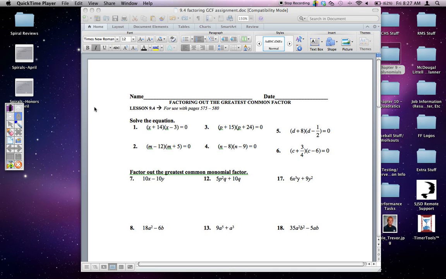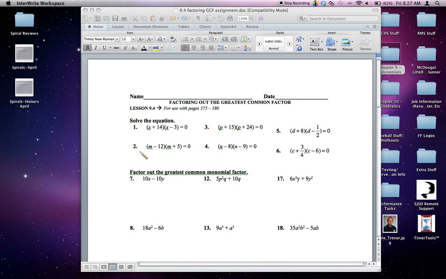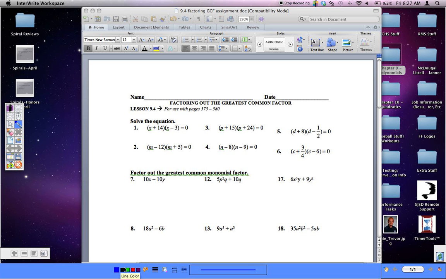Before we really jump into this sheet, what's important to know is what a factor is. So, let's jump up to the top and define it. A factor is pretty simple.